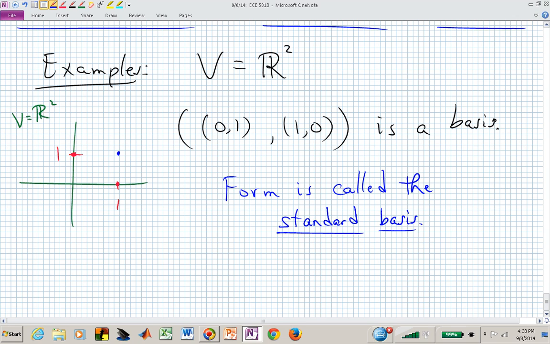X comma y is also a standard basis. Really, I would basically say they're the same, but if you're really concerned about the ordering of the vectors, they could be different. But they both form a basis. So this is now x comma y, let's say, is the one that I would prefer to say is the standard basis.